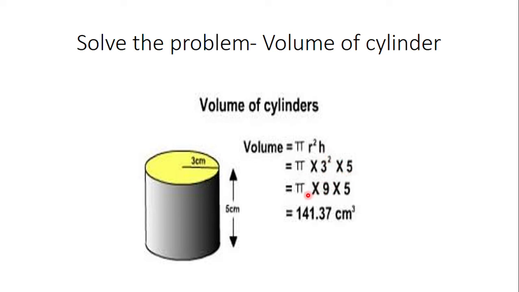So pi again we write here, 3 square is 9 into 5, which is the height. 9 into 5 is 45 into pi can be written as 45 pi. Centimeter into centimeter will give you cubic centimeter. So you can either write as 45 pi cubic centimeter, or you can multiply 3.14 by substituting the value of pi, and then you can get the value as 141.37 cubic centimeter. Please do this problem later in your paper.